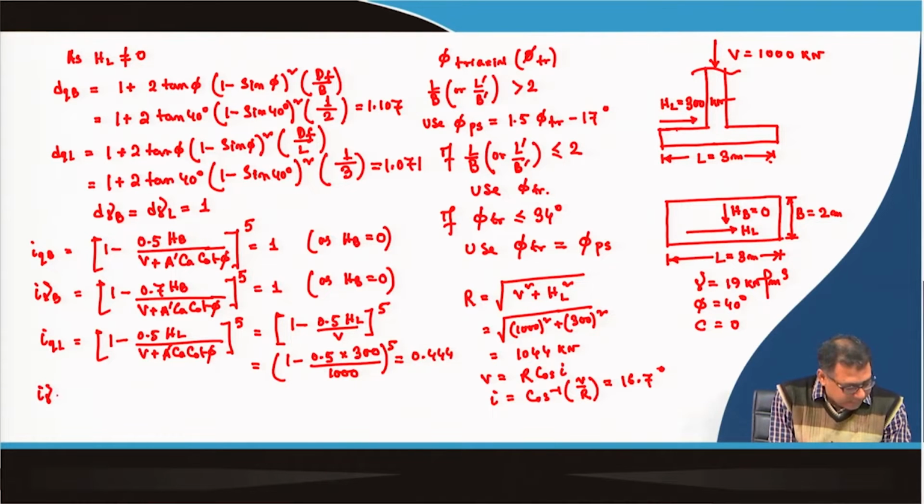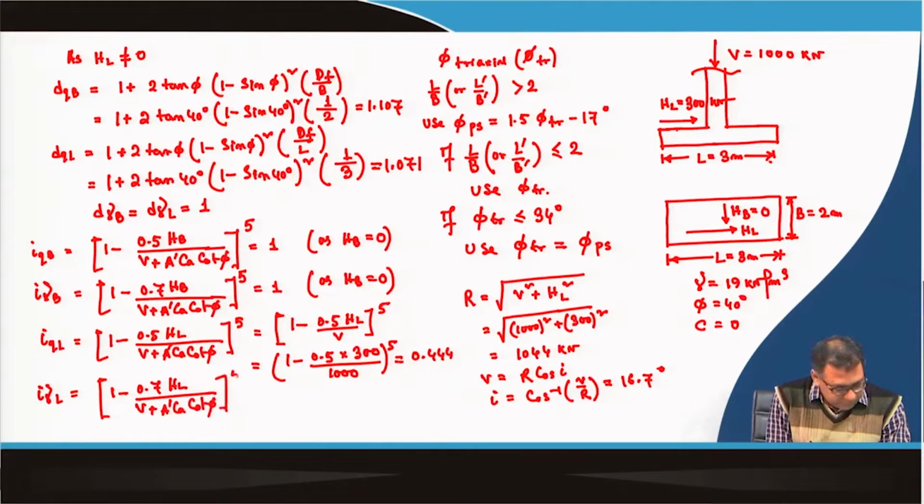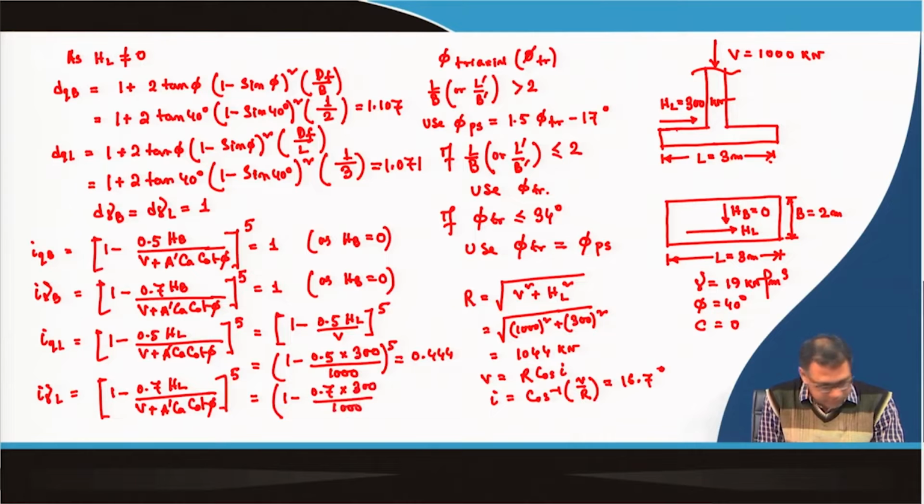Similarly, i gamma L is 1 minus 0.7 HL divided by V plus A dash C A cot phi, to the power 5. Again C is equal to 0, so I will neglect that. So 0.7 times 300 divided by 1000, to the power 5, this is 0.31.